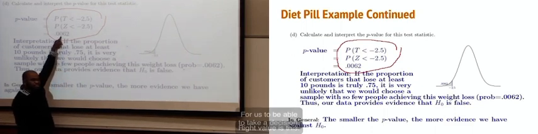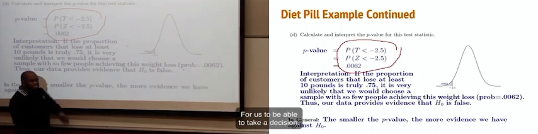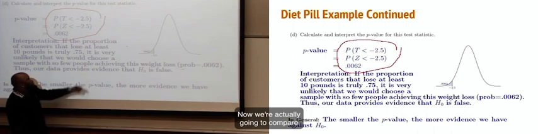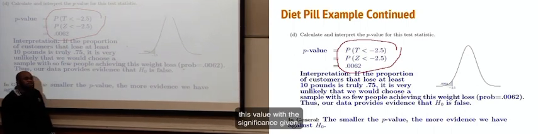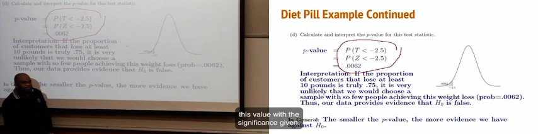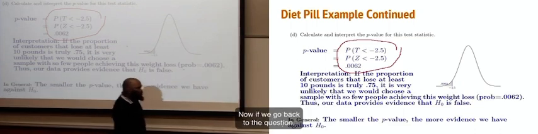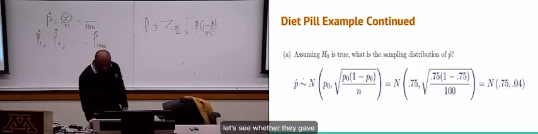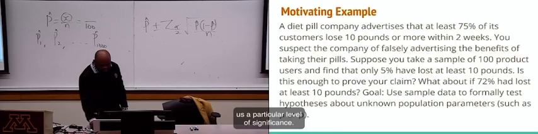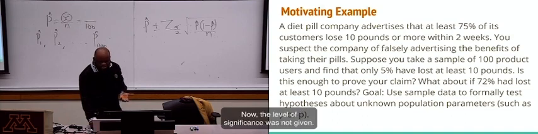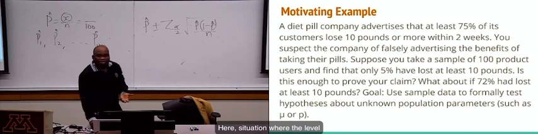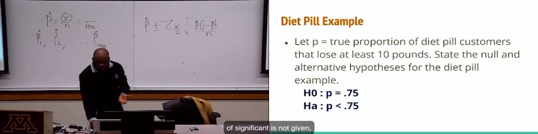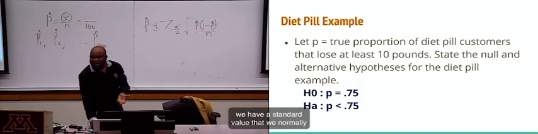Now, since the p-value is this, for us to be able to take a decision, we're going to compare this p-value with the level of significance given. If you go back to the question, let's see whether they gave us a particular level of significance. The level of significance was not given here. In a situation where the level of significance is not given, we have a standard value that we normally use, which is 0.05.